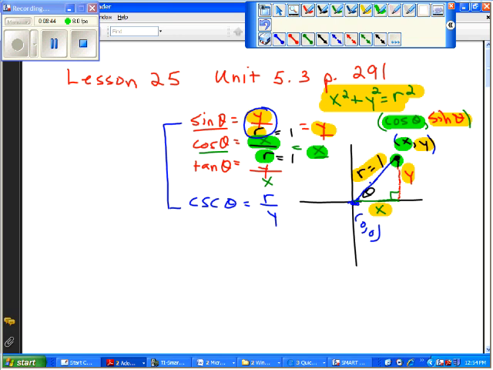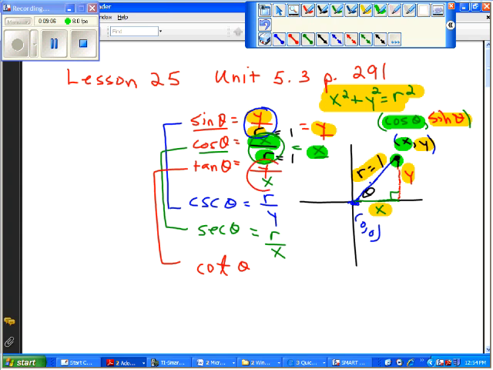The reciprocal of cosine is secant. If cosine is x over r, then secant must be r over x. The reciprocal of tangent is cotangent. And so cotangent theta would be the reciprocal of tangent theta, and so it would be x over y.